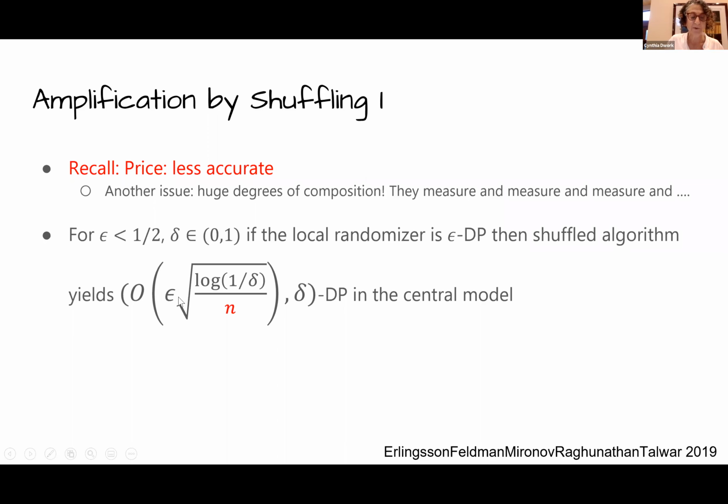It's that same epsilon, now multiplied by log 1 over delta, square root of log 1 over delta, divided by n. So if n, the number of users, is very large, which it is in many of the internet settings, this is huge. This is amazing.